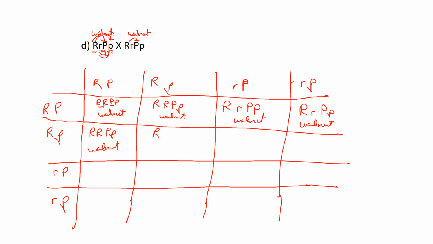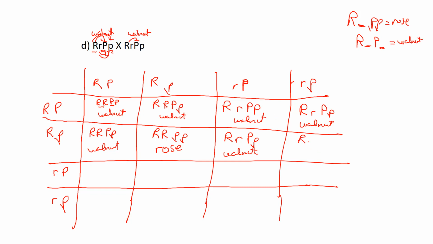Capital R, little p, that one's different. When you have capital R with little p's, if you remember our legend, that's going to be a rose. So if I have just a capital R, doesn't matter what the other allele is, and that's little p's, we said that's rose, just from our other legend. Capital R, capital P, little p, that's going to be a walnut, because again, if I have a capital R, doesn't matter what this is, it's always a walnut.